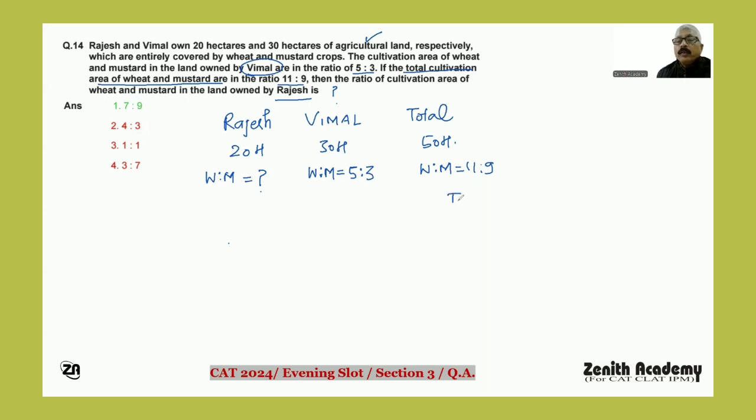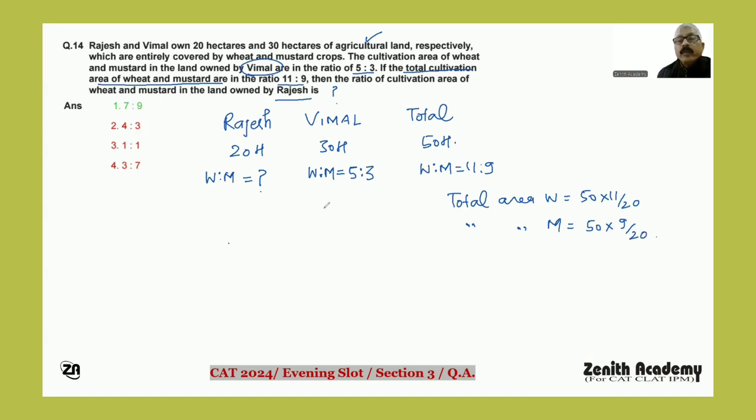टोटल व्हीट एरिया कितना हो जाएगा? Total area cultivated for wheat is 50 into 11 by 20, and total area cultivated for mustard is 50 into 9 by 20.